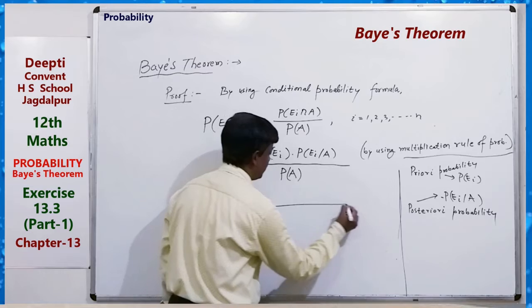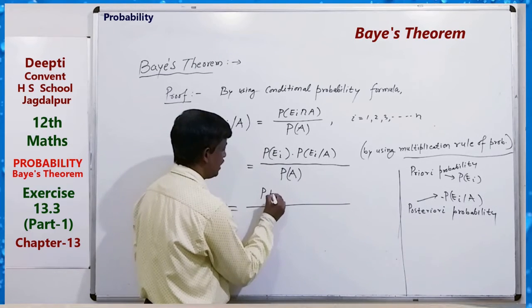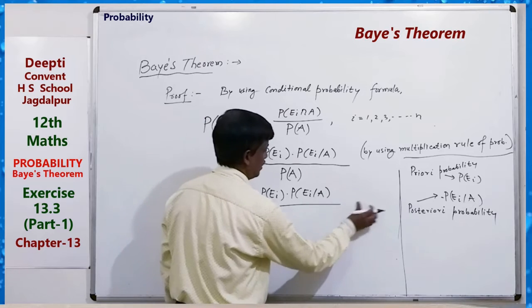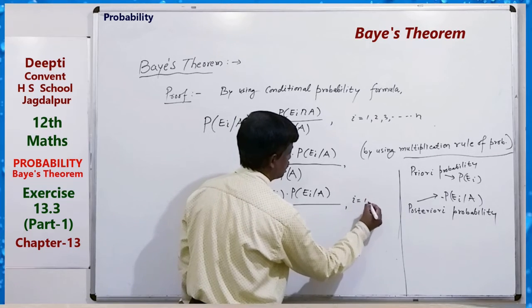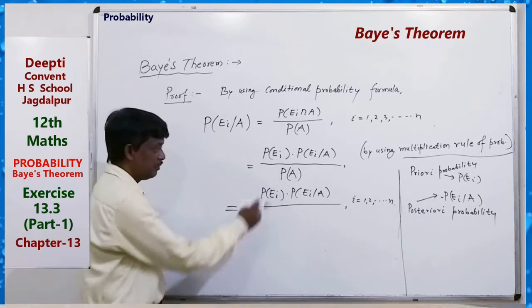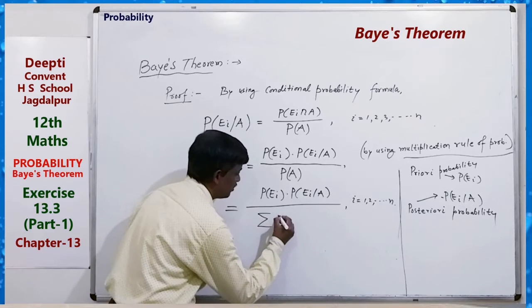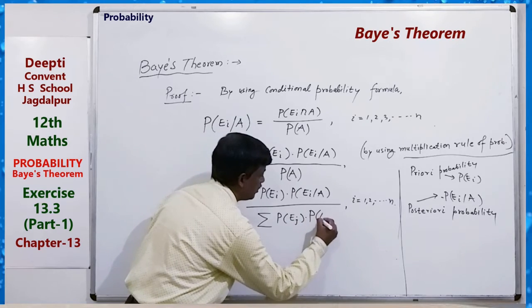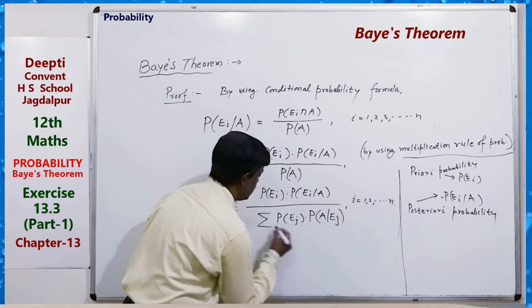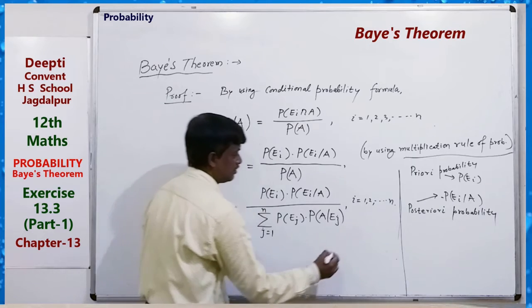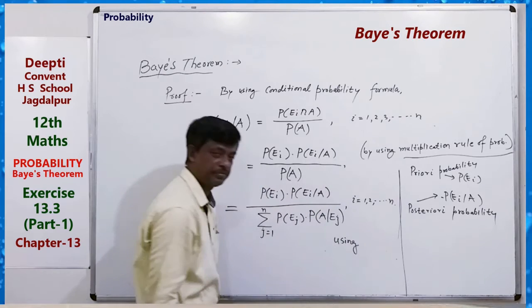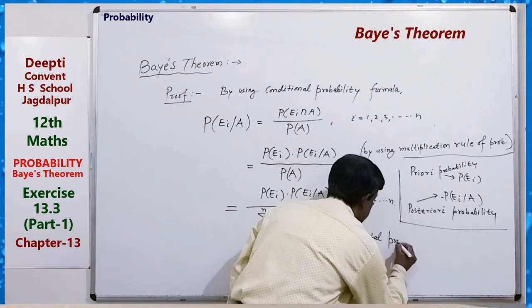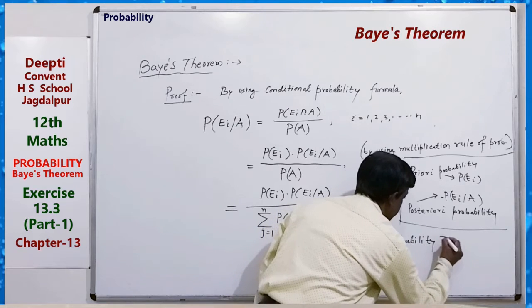P(A) equals the sum of P(Ej) into P(A by Ej), j equals 1 to n, using the total probability theorem.